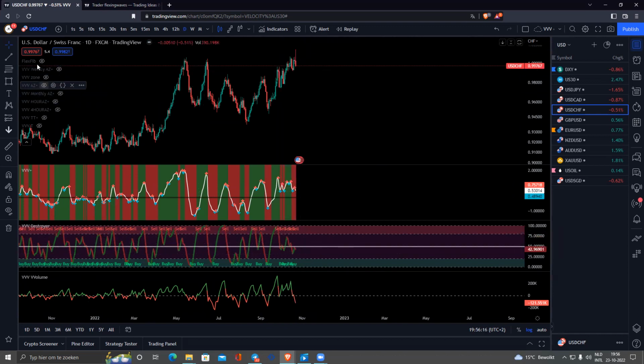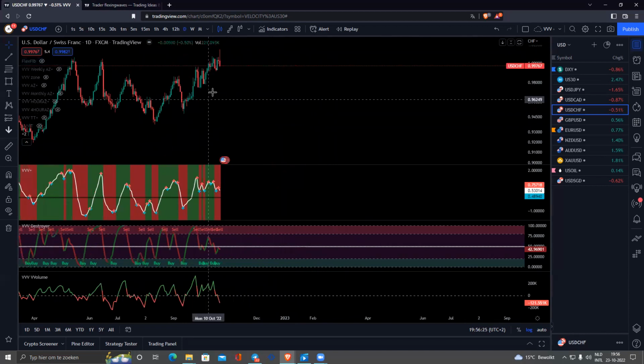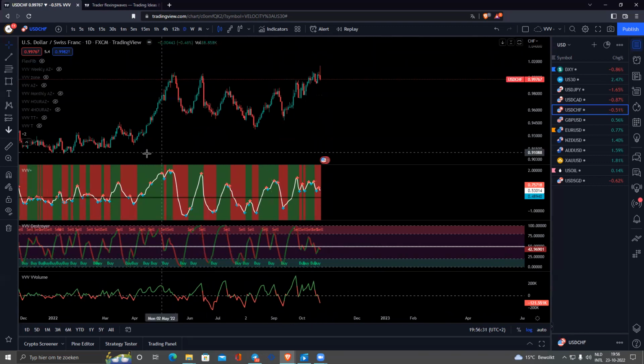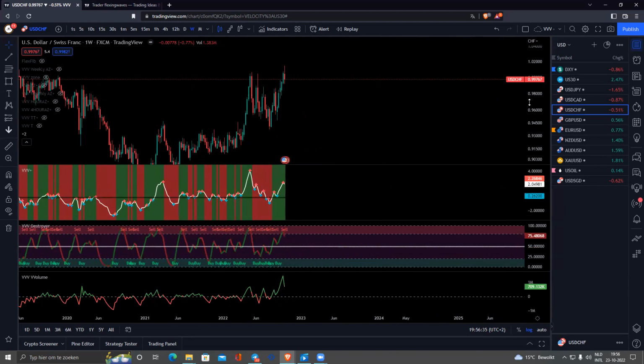So even the same here, even if we retest the pullback, I would say mostly like maybe this point. See on weekly basis.